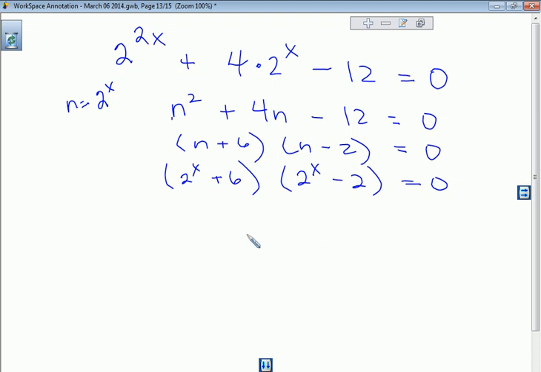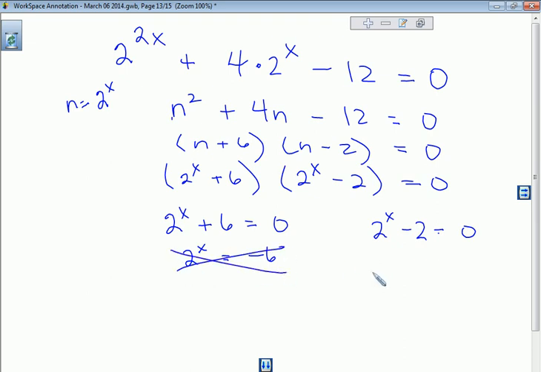I'm confused on the middle part. So we set this equal to 0, or this equal to 0. So we get 2 to the x equals negative 6. Is that possible? No. That gives us an extraneous solution, doesn't it? That is not possible. What about this one? We get x equals 1.